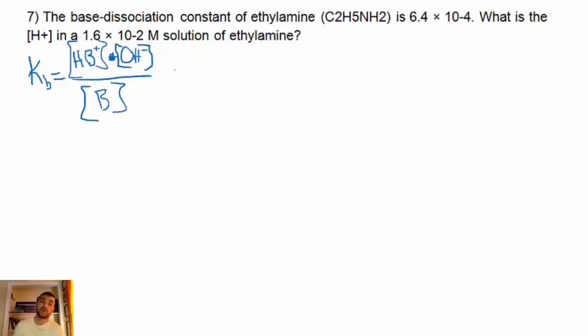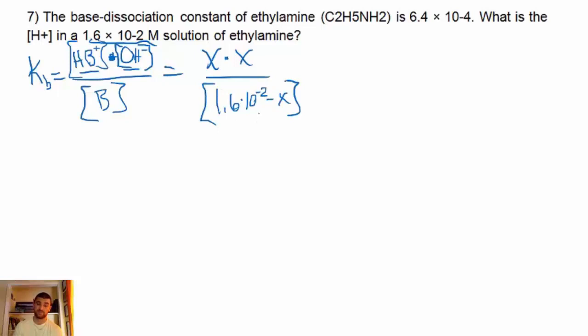And, well, I also know values for those, right? Well, not really, but I can say they're X, so it's really going to be X amount times X, because I'm going to get the same amount of conjugate acid as I do the OH minus, all over the amount that I started with, which they tell me is right here, 1.6 times 10 to the minus 2, minus the amount that was used up, X. And so now, again, I'm going to combine like terms, do a little algebra.